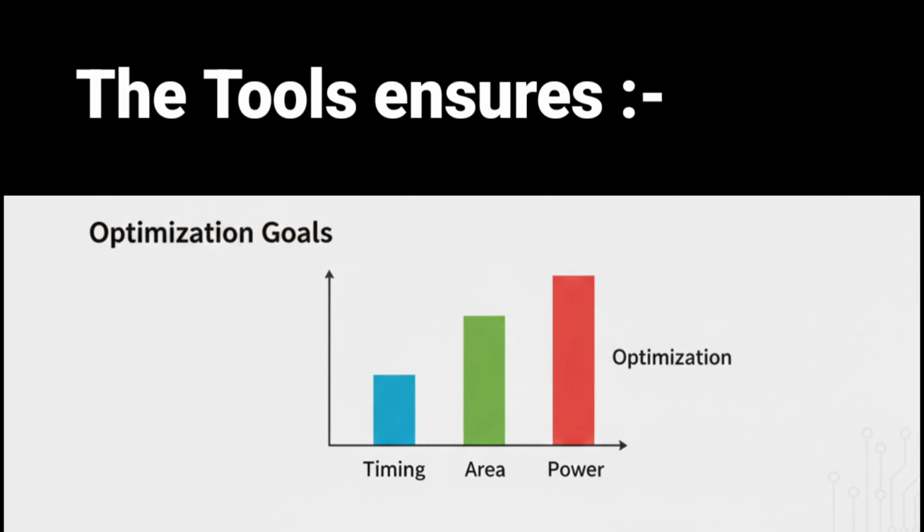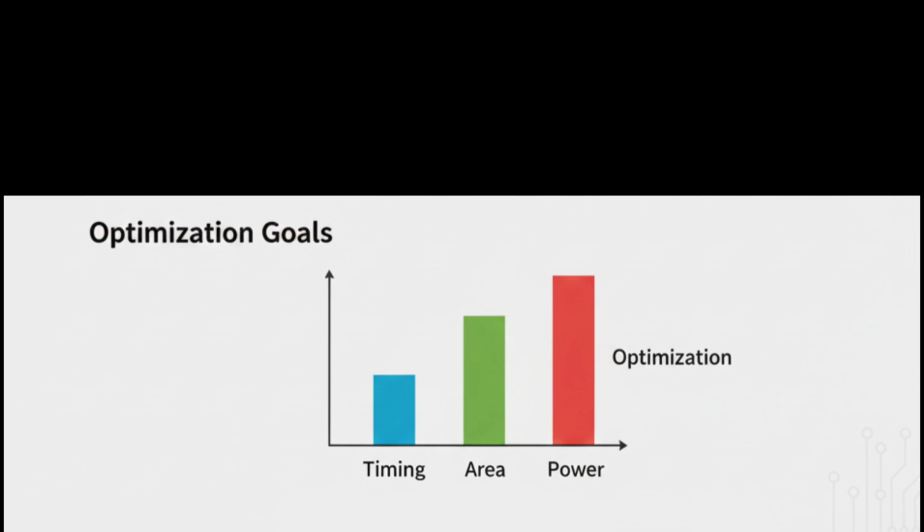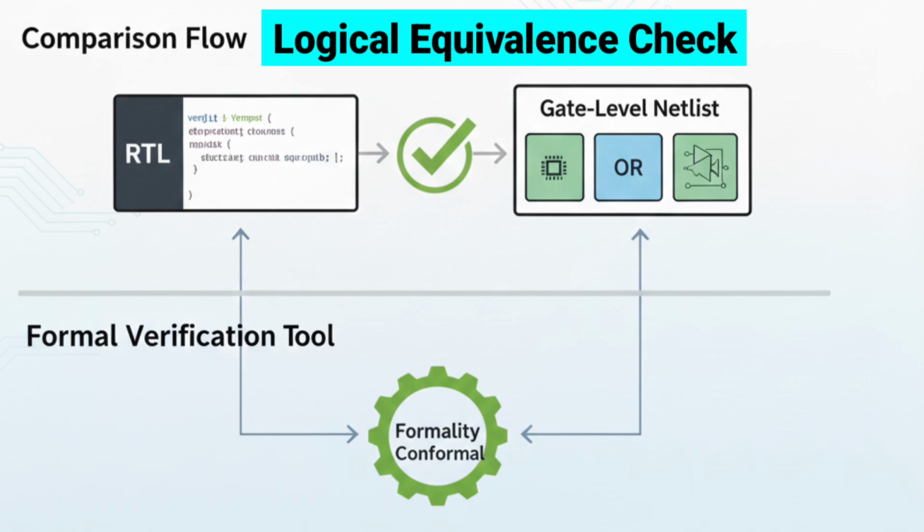This is the first time your RTL becomes an actual digital circuit. Now the seventh one is logical equivalence check, which is LEC. After synthesis, we must ensure the netlist still behaves exactly like the RTL. So a formal tool compares the RTL and the gate level netlist. If both match, then it is safe, and if they do not match, then something broke during the synthesis.